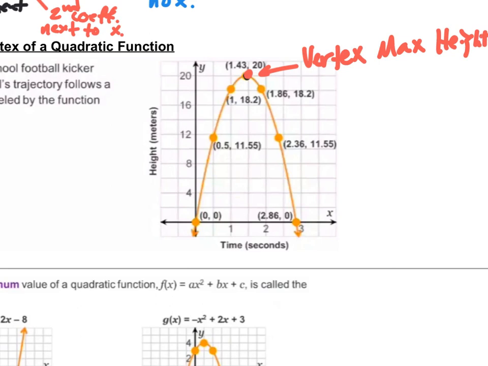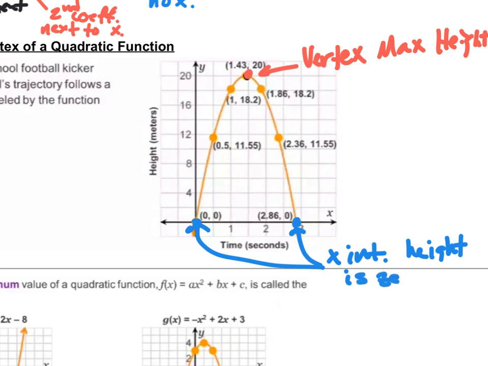Then notice our x-intercepts right here, where the height of the ball is 0.